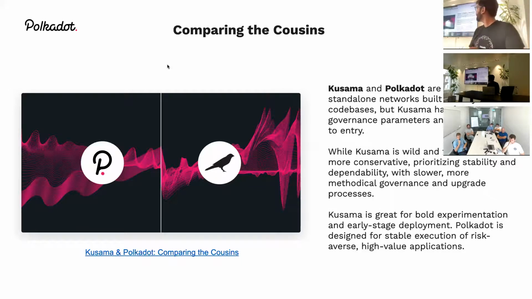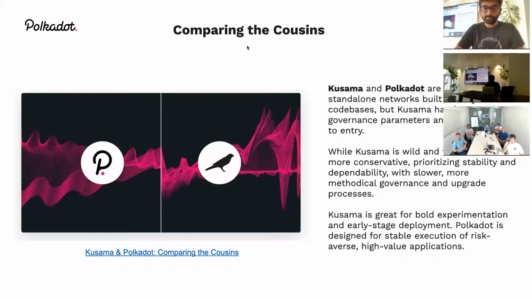So Kusama is like the wild and fast cousin of Polkadot, meaning it's out there to let people deploy their applications fast, like to innovate in a faster way. And once you show that your blockchain works properly on Kusama, you can port it to Polkadot if you want a more stable environment.